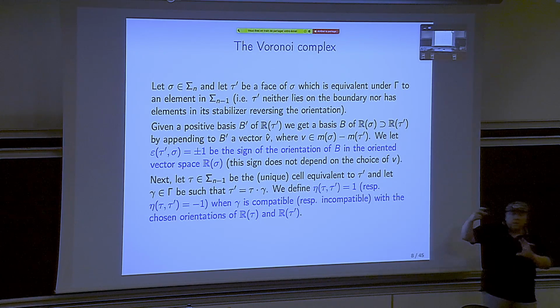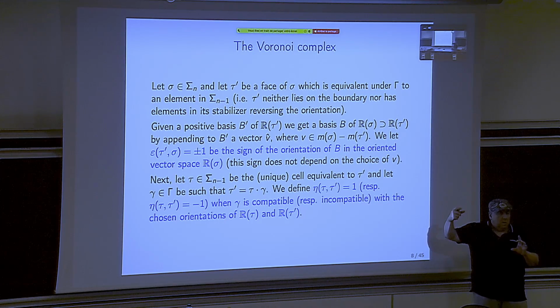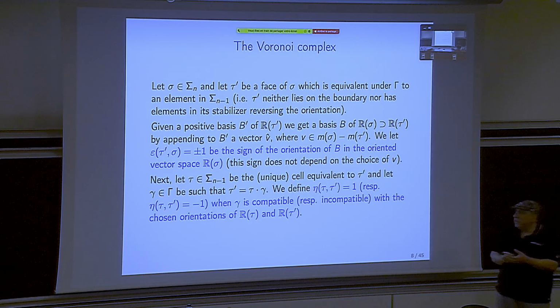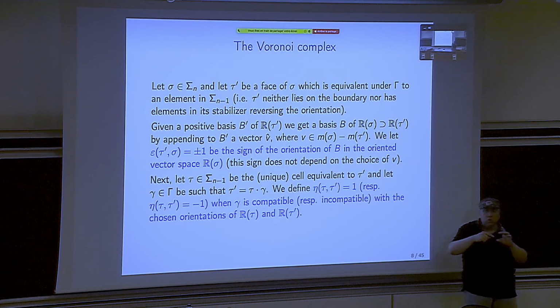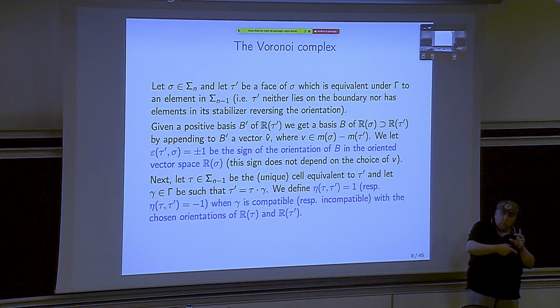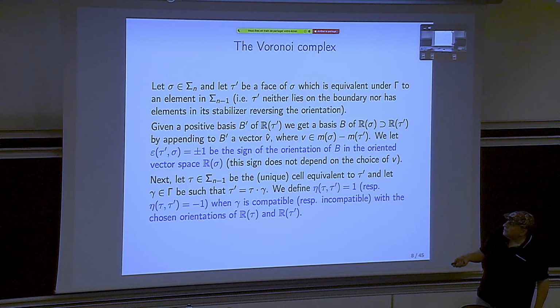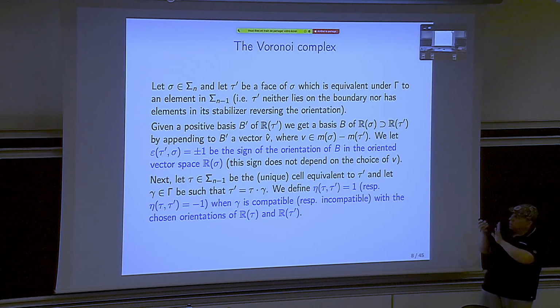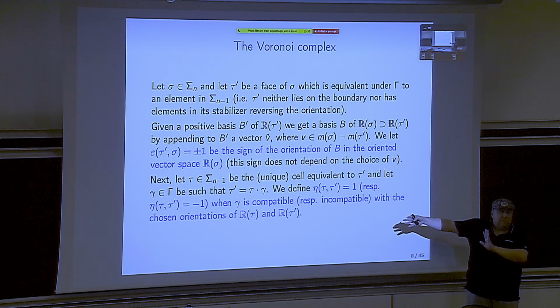Okay. An incidence number between sigma and tau. Sigma is, let's say, a k-dimensional cell, and for the image of sigma, intersecting the codimension one face of your complex, you need to find all the tau prime which are equivalent to tau, and take all the incidence numbers with respect to this tau prime.